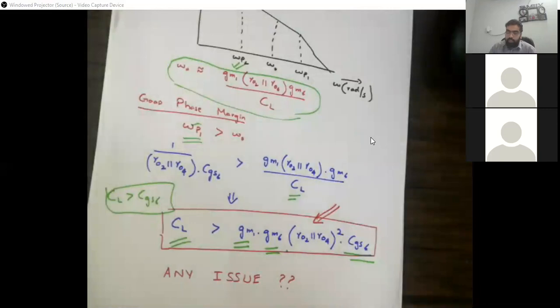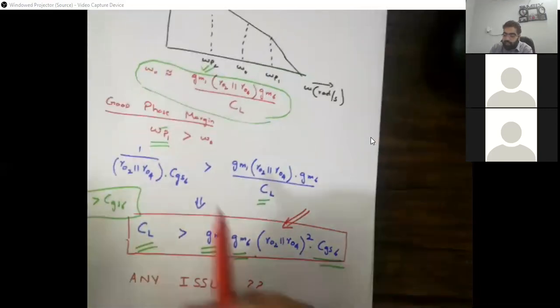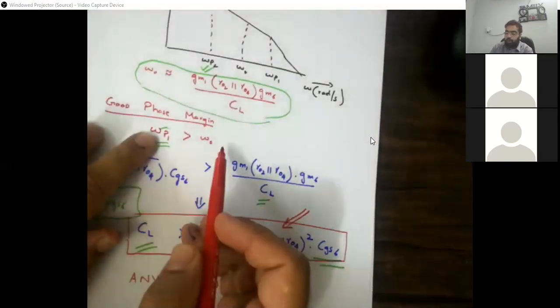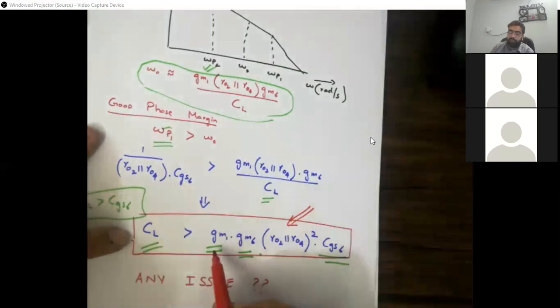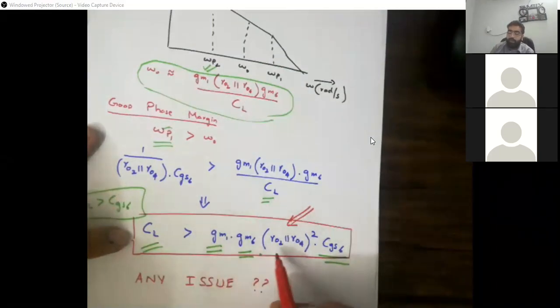नहीं. The thing is going to happen, in order to achieve omega p1 greater than omega naught, we need to have a CL load capacitance of a very much bigger value. क्यों? क्योंकि the expression comes out to be GM1 times GM6 multiplied by R02 in parallel with R04 whole square. So अगर हम कोई number place in करना चाहें, this comes out to be normally 10 kilo ohm or whatever mega ohm का square. ठीक है?